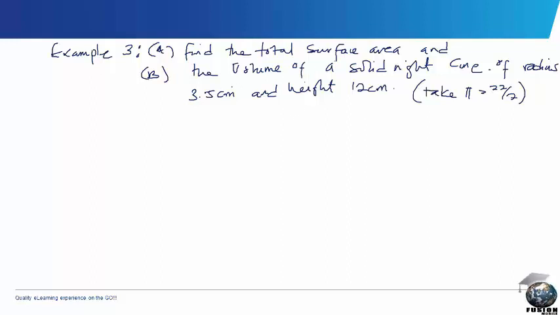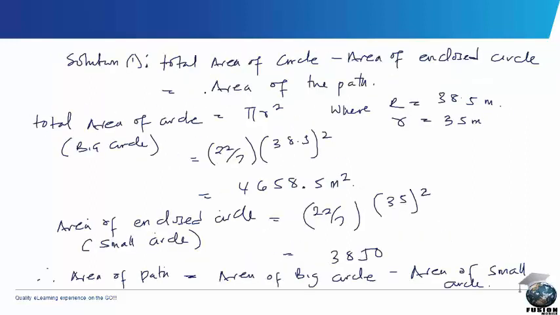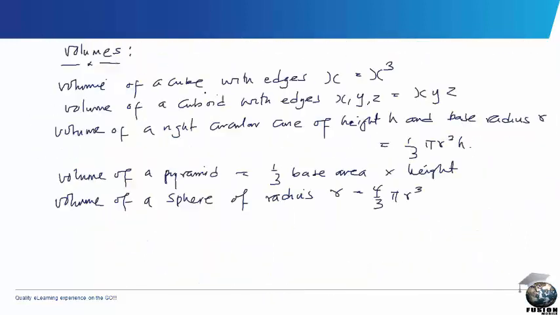Alright, so find the total surface area. How do we find the total surface area of a solid right cone? Let's go back to our table of formulas where these were listed. I can see that for a right circular cone, we can find the volume using 1/3 pi r squared h.